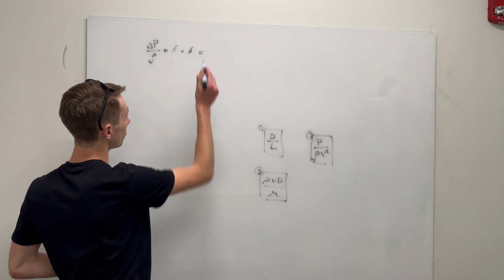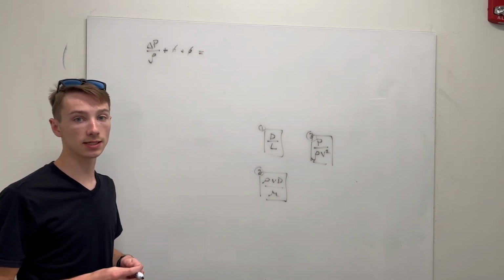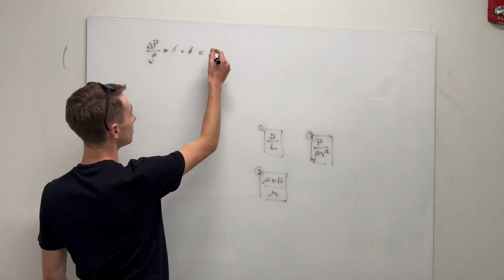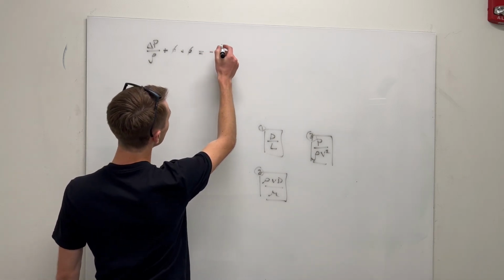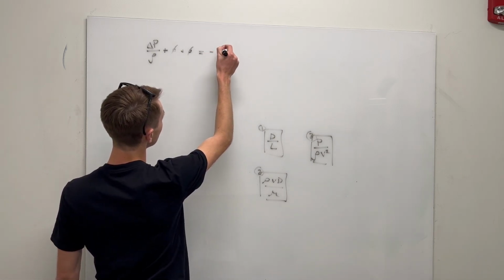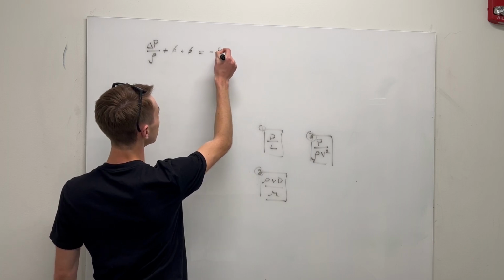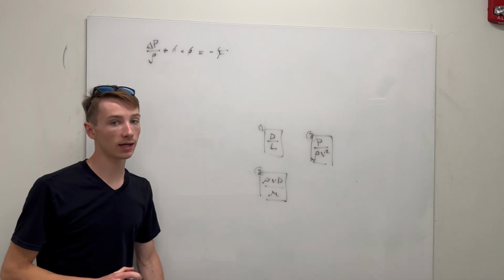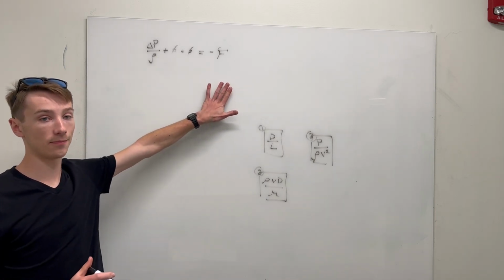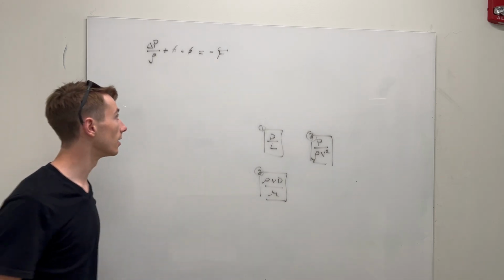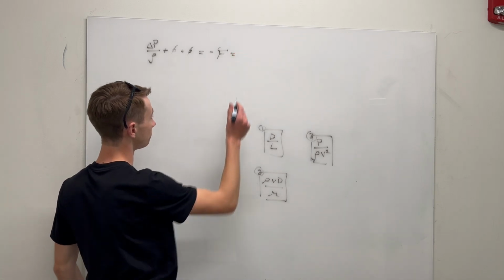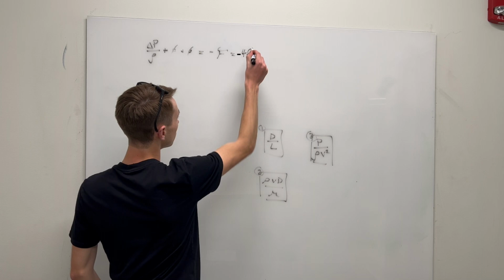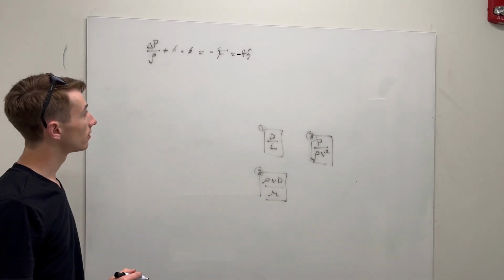And remember, we derived this in our last video. This is equal to a whole bunch of stuff on the other side that we call the negative frictional heating, right? And we do this fancy F. We derived where that came from in our last video. Now, F is equal to 4 times the friction factor.